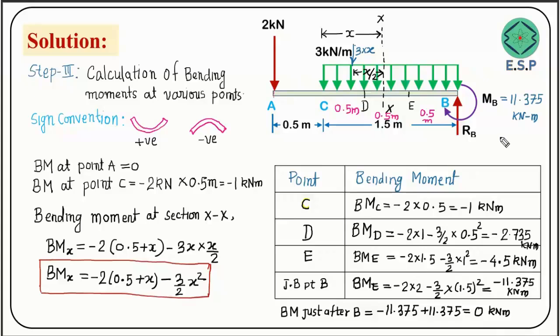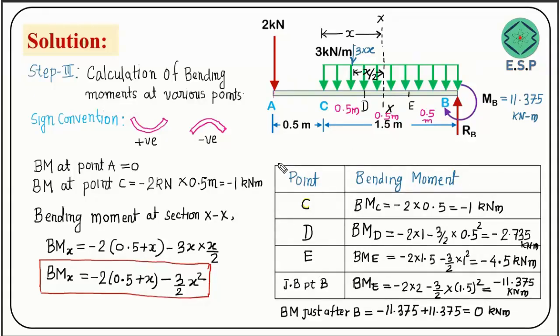That is very important. We will see some more examples where I will put this kind of moment somewhere in between, so that your doubt will be more clear. For the time being, kindly remember, before B we will not consider this moment, after B only we will consider this moment. Before means just before, and after means just after. So now we got the variation of the bending moments also, friends.